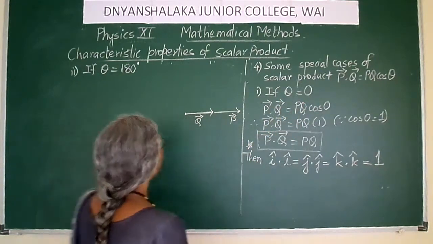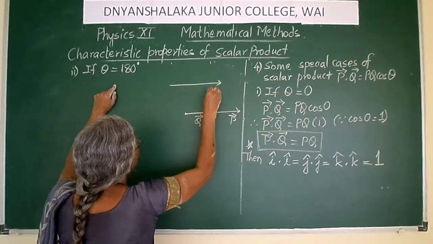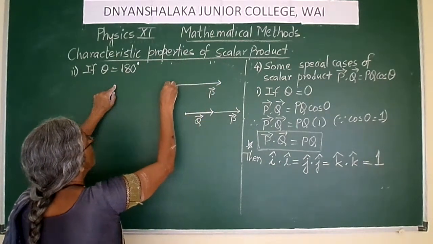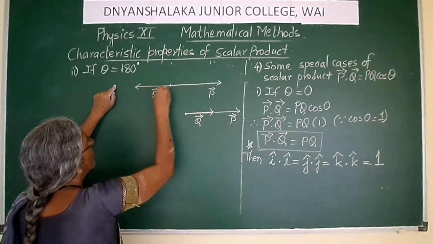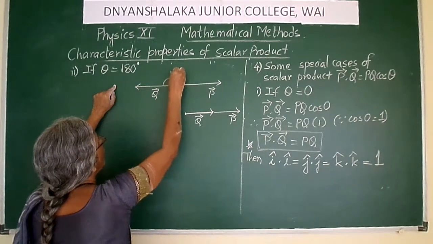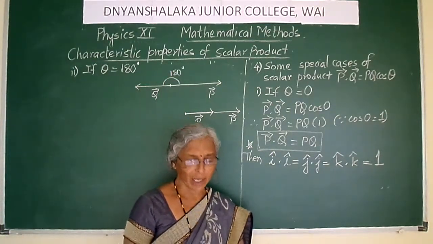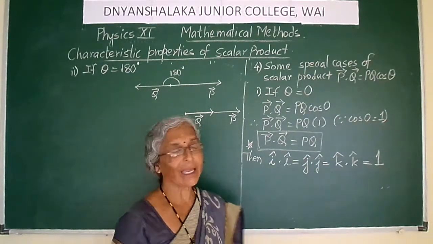Okay? अब इस केस में हम क्या कंसिडर कर रहे हैं? वेक्टर P यदि ये डायरेक्शन में जा रहा हो, ये उनका ओरिजिन पॉइंट है, तो वेक्टर Q बराबर अपोजिट डायरेक्शन में जा रहा है. तो इन दोनों के बीच में एंगल कितना हुआ? 180 डिग्रीज का. Are you getting it? So here we are considering theta is equal to 180 degrees.